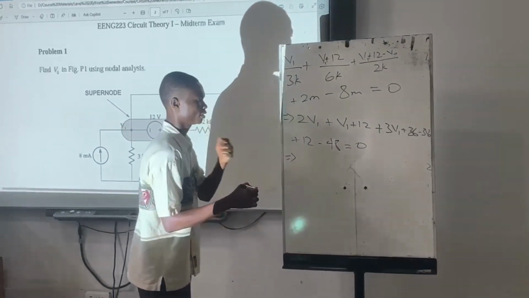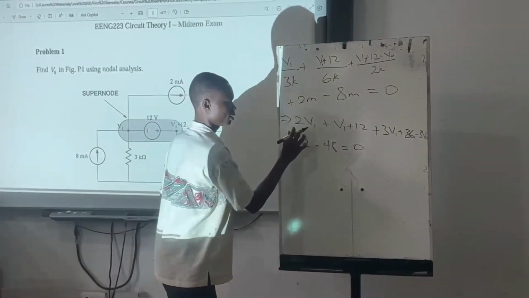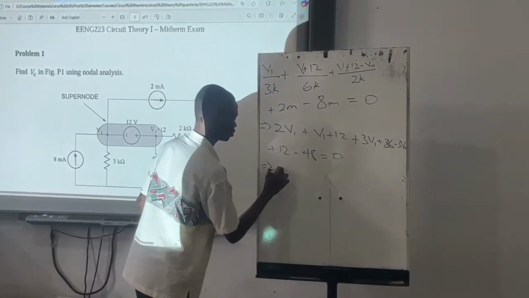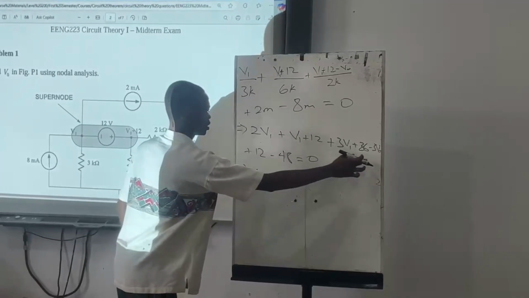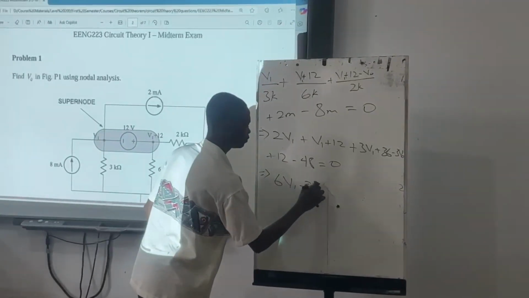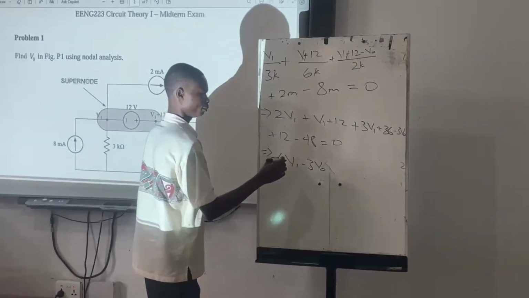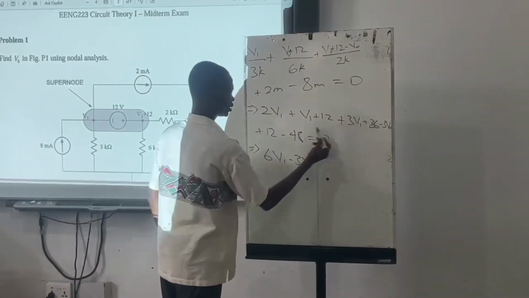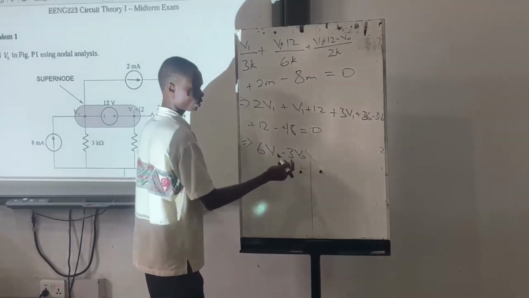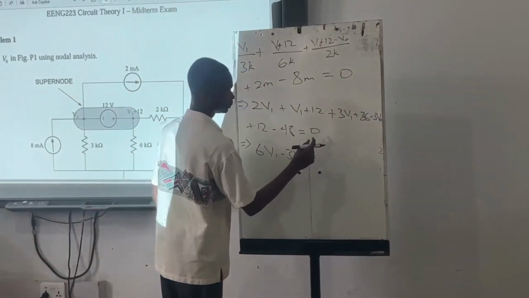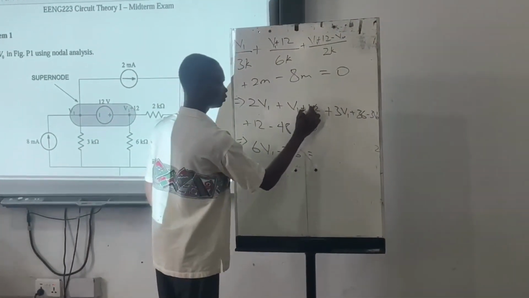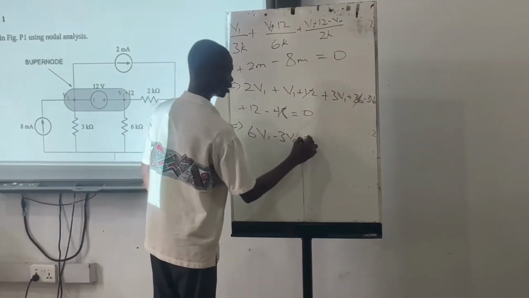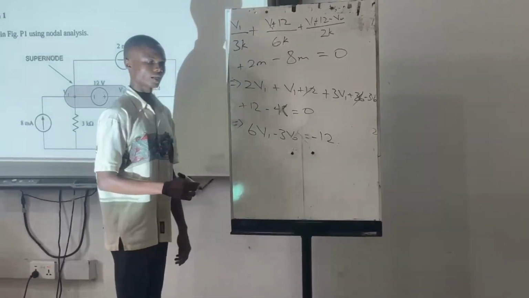When we simplify this, you can see that this will give us 6V1 minus 3V naught, and 12 plus 36 gives us 48. We have negative 48, it cancels out, so we are going to get minus 12 at the end.